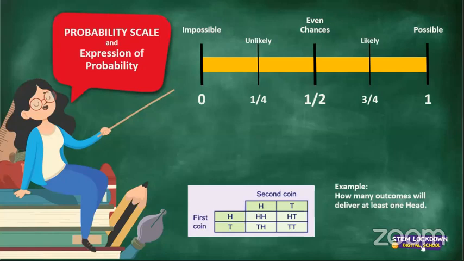There we go. Vicky, HH, HT, TH, and then TT. But now in the example, it says how many outcomes will deliver at least one head? So we have HH, yes, there are 2 heads, but it's got at least 1. We've got TH. We've also got HT. TT, does TT have a head in it?